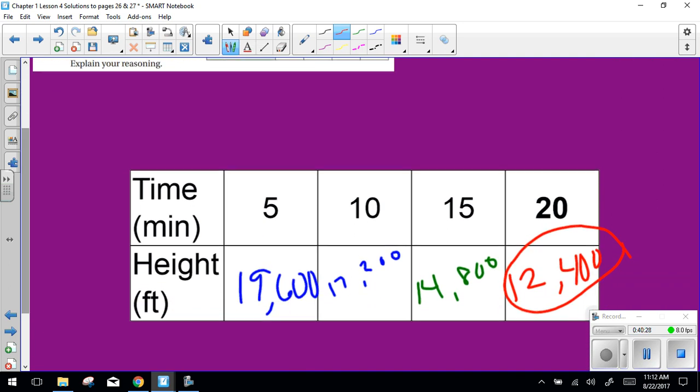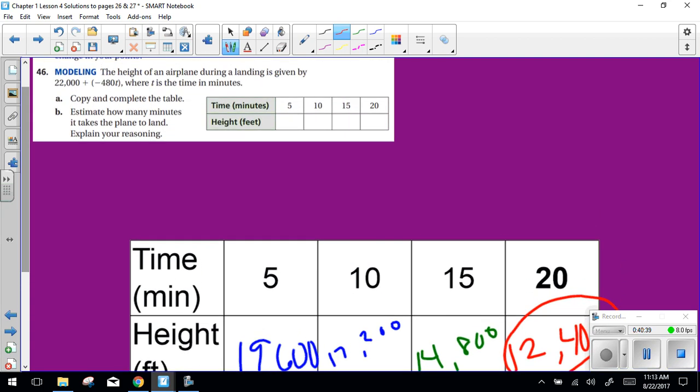So it's going to take less than 20 more minutes for the plane to land, because if my total is 22,000, at 20 minutes I've already descended about 12,000.